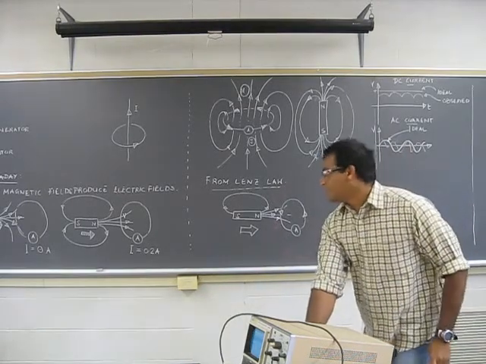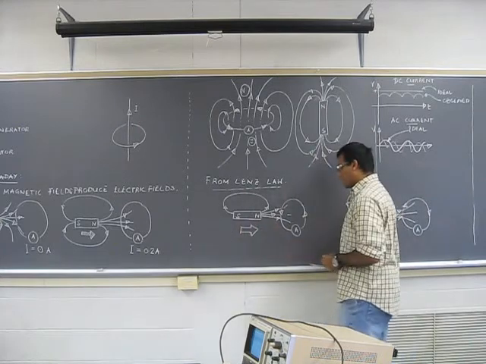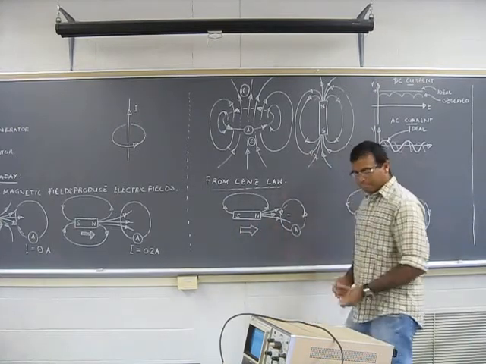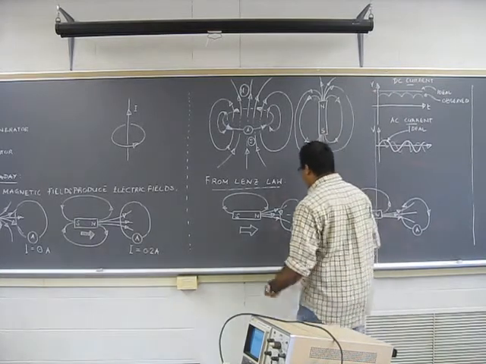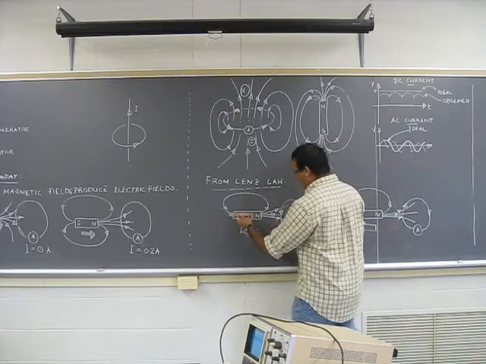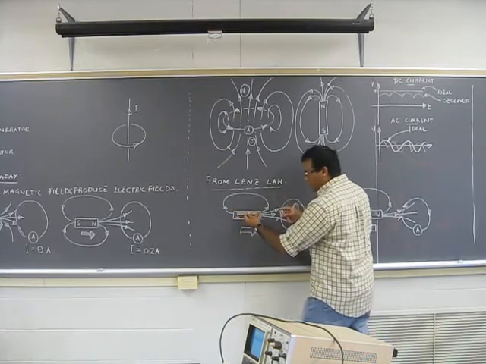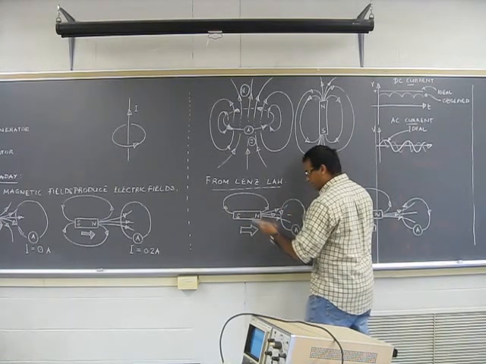Okay, so what we have is a magnet that's moving towards the loop. So the loop is trying to establish an opposing pole right here to the movement of this magnet.